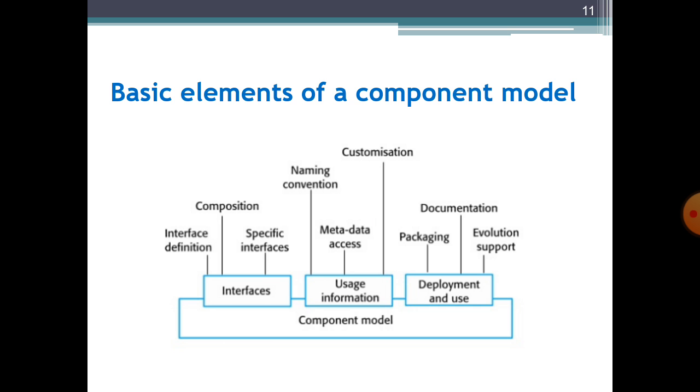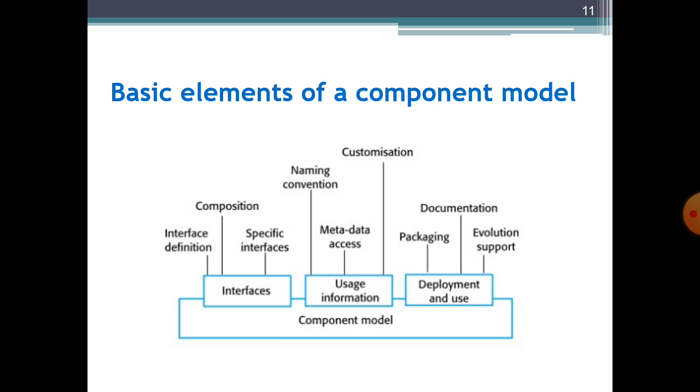In this interface, components are defined by specifying their interfaces. The component model specifies how the interfaces should be defined and the elements as well, such as operation names, different parameters, and exceptions, which should be included in this interface definition.